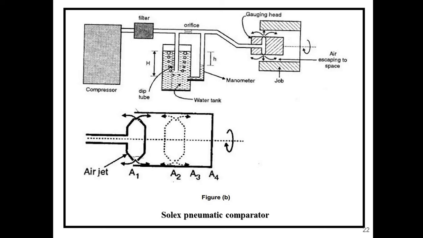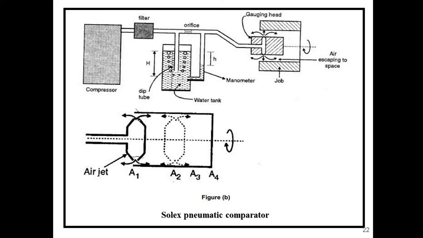Pneumatic or air gauging uses the variation of the flow or pressure in a pneumatic circuit caused by restriction of a flow from an orifice to measure the changes in dimension. This is the principle of working of any kind of pneumatic comparator.